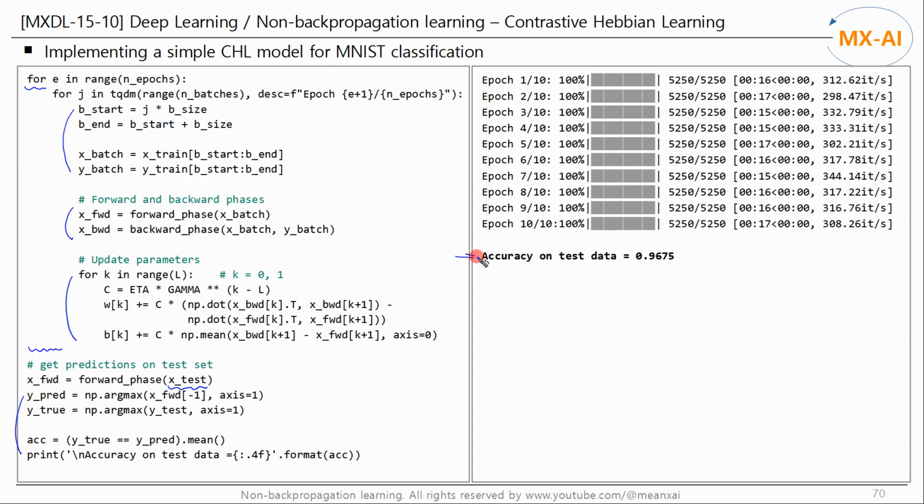The results are as follows. The accuracy was about 97%. In the previous video, the accuracy was around 64% when simple Hebbian learning was used. You can see that CHL significantly improves the accuracy.